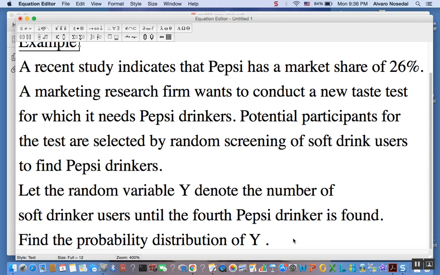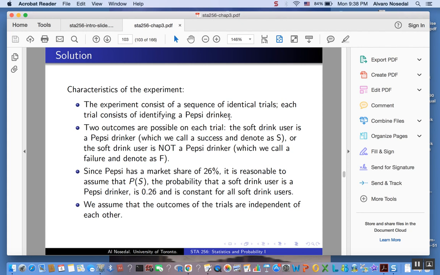First, to save a little bit of time, let me go and find in our lecture notes the characteristics of the experiment. They are going to be the same as they were for a geometric probability distribution. Okay, I'm back.